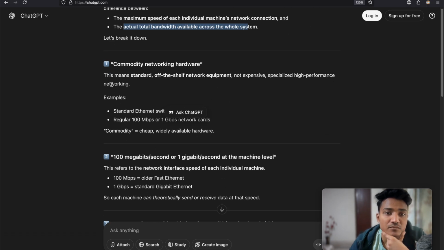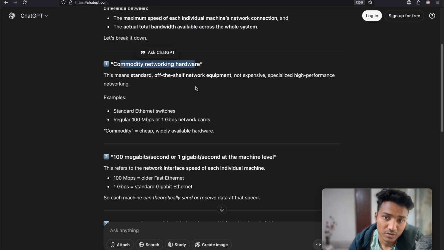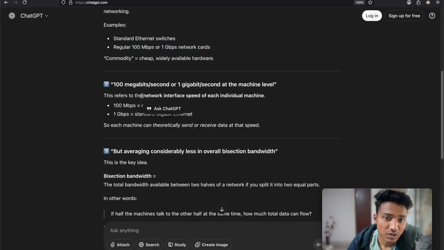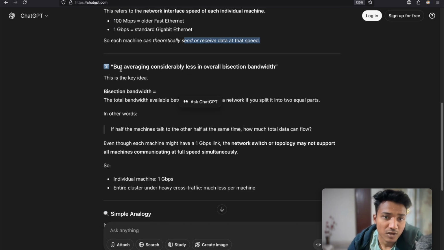Commodity means standard off-the-shelf equipment, not expensive specialized high-performance networking, so standard Ethernet switches. This refers to the network interface speed of each machine, so each machine can theoretically send and receive at that speed. But averaging considerably less in overall bisection bandwidth.